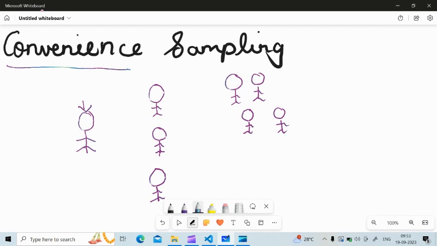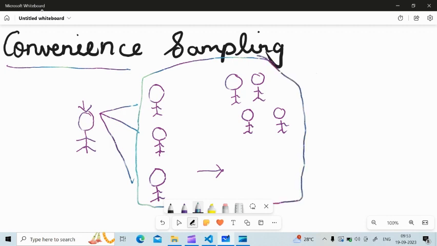Rather than surveying each and every person in the country, state, world, etc., I'll take some sample. Based on my convenience, I'll just go to my mall and select 10, 15 people who are nearby, and then conclude the survey. Based on that I can claim something, rather than reaching the complete population. This will be my population.